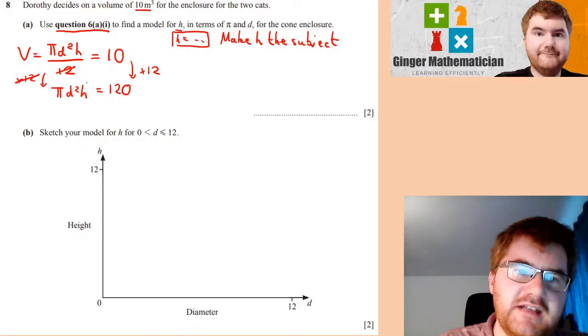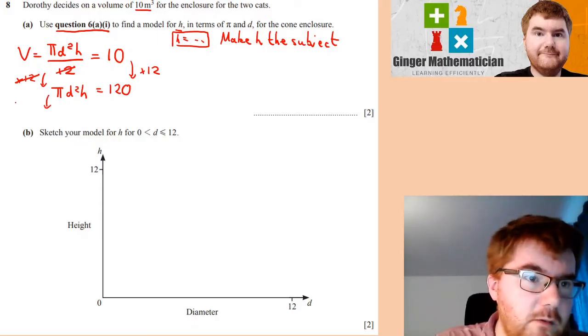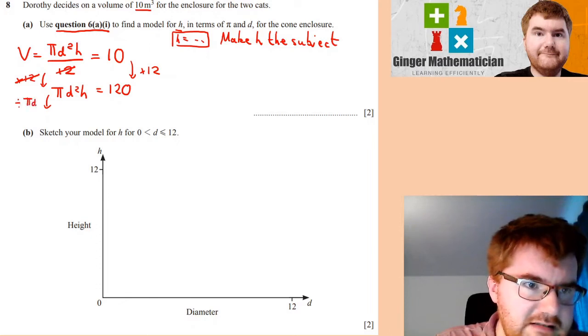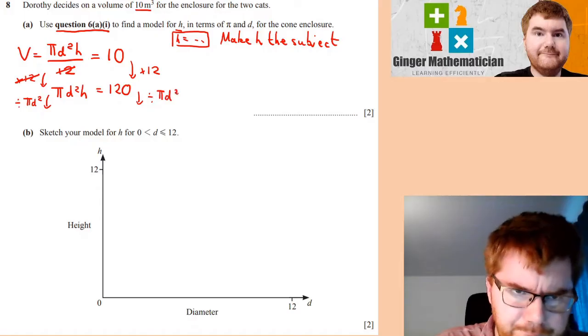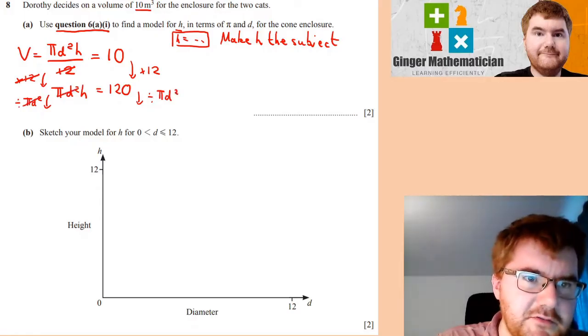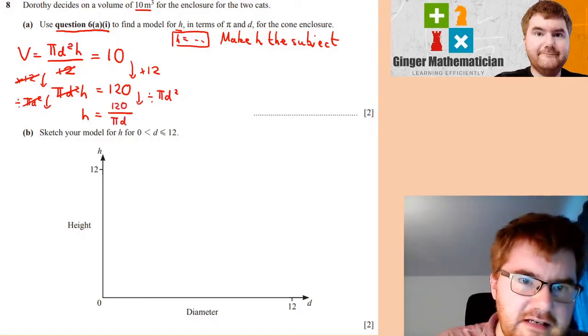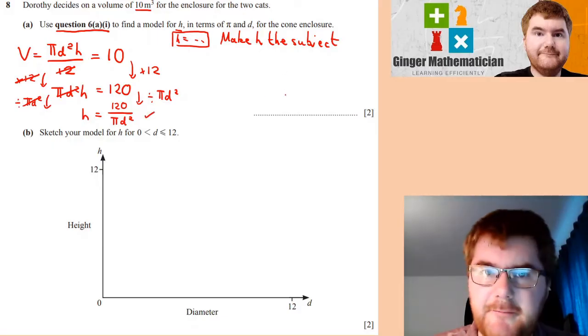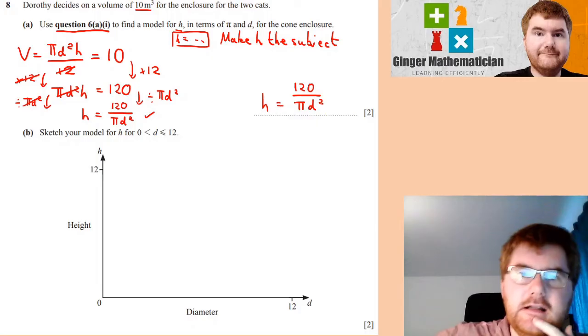And then we want to get h on its own, so what's the opposite of timesing by pi d squared? Well, dividing by pi d squared on both sides of the equation. If we do this, this cancels, which is what we want, h, and then we get 120 divided by pi d squared, which is our answer here. So I'm going to write that very clearly for the examiner, so they know that is my final answer. 120 over pi d squared, like so.